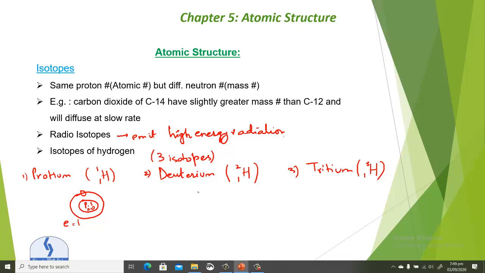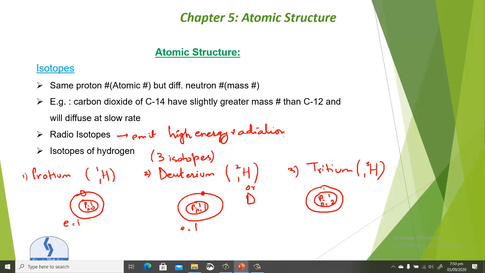The second isotope of hydrogen is deuterium. How do we represent it? Proton is 1 and neutron is 1, and because proton is 1, electron is again 1. It is also represented by D. Now tritium has proton 1 and neutron 2.